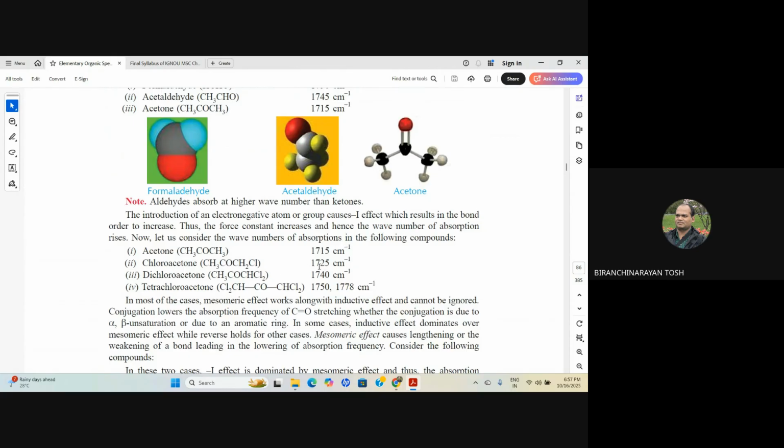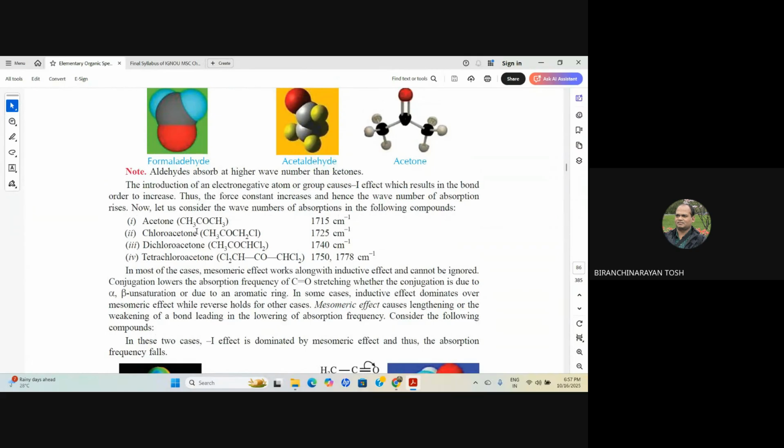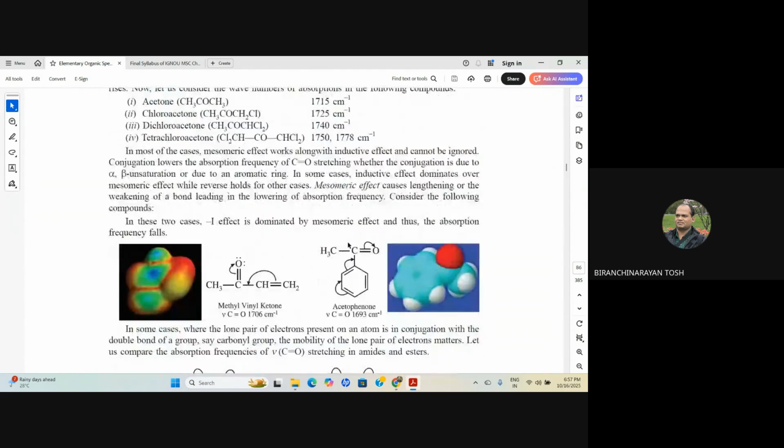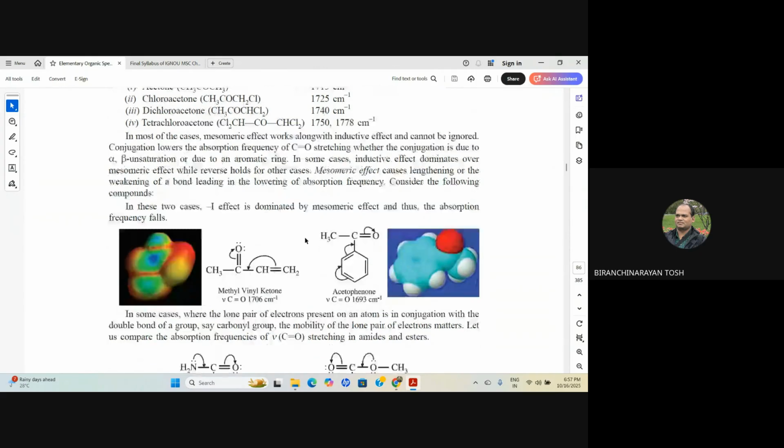That's why it will be observed at higher frequency. 1715 increases to 1725. Two chlorines are there, 1740, and that way it increases due to the inductive effect and the increase in polarity.